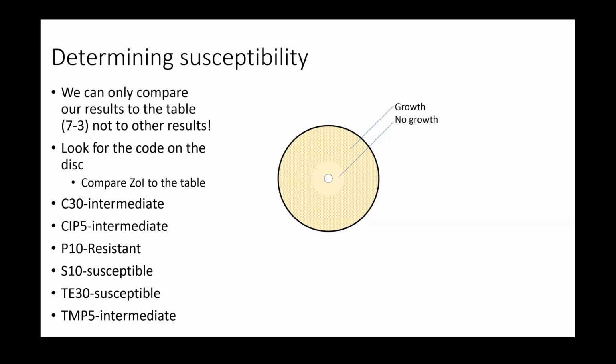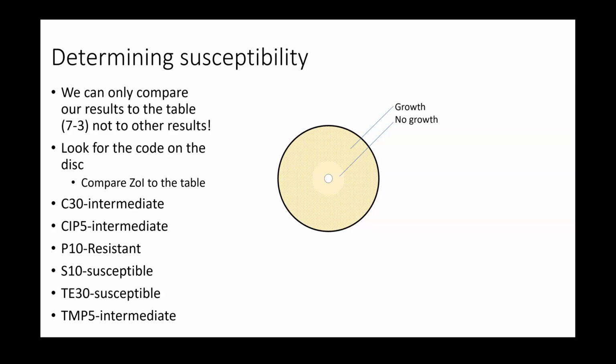Okay. So this is where we take that piece of data and we compare it to our table. If you have your lab handy, if you want to look at table 7-3, this is how you determine susceptibility or not. Believe it or not, you're not looking at how big that circle is.